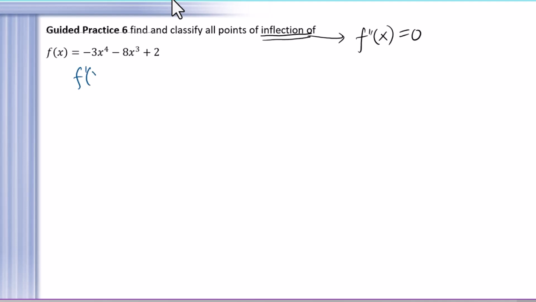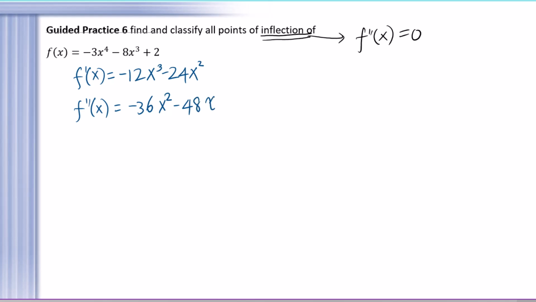F prime of x equals, use the power rule, negative 12x to the third power minus 24x squared. F double prime of x equals negative 36x squared minus 48x.